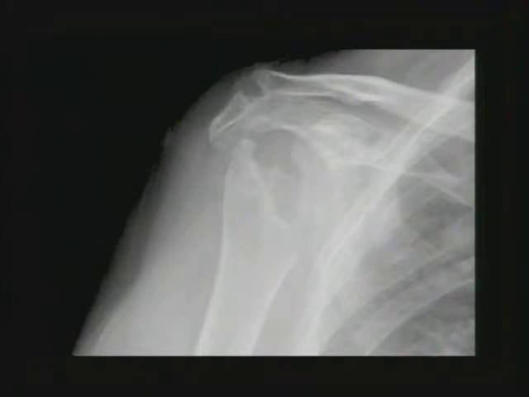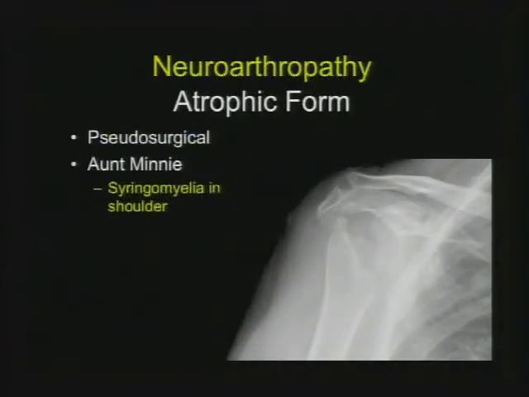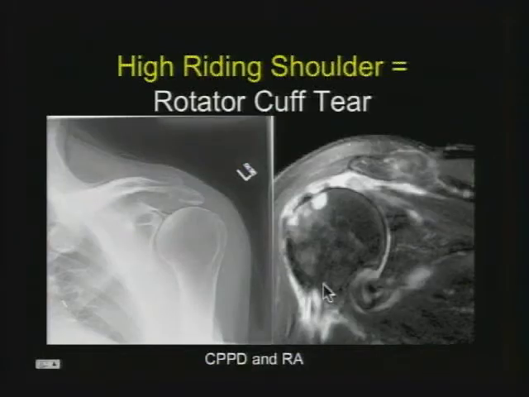Some sort of osteonecrosis might do that, or if it's really smooth, it could be surgery. But the syringomyelia can give you a pseudo-surgical appearance. So this is called the atrophic form of neuroarthropathy. You'll sometimes see a lot of bone fragments in there, and they can even have pain, even though there's neuroarthropathy.